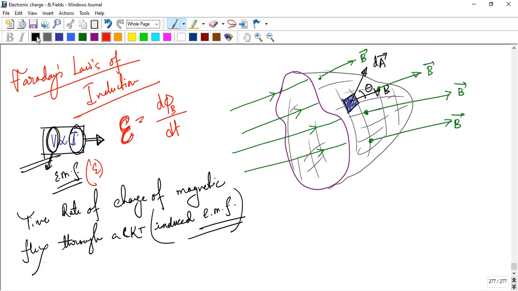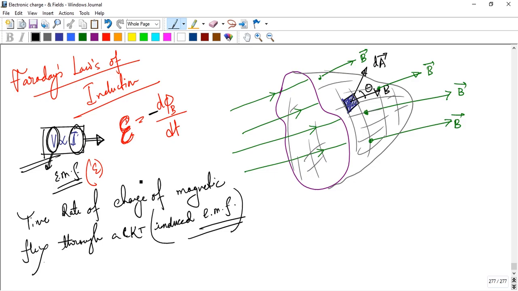This minus sign comes due to the direction of the EMF, since it is in the opposite direction. Later we will discuss why there is a minus and you will get the answer.